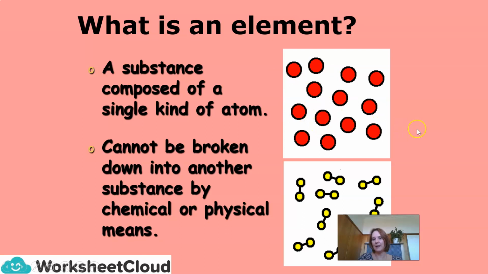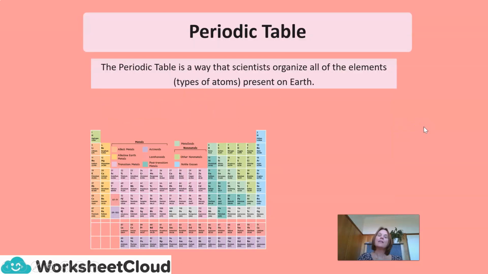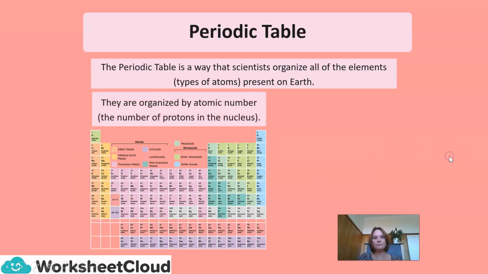The periodic table is a way that scientists organize all of the elements, in other words, all of the different types of atoms present on Earth. So every single pure substance we find on Earth is an element and is organized by scientists in the periodic table.